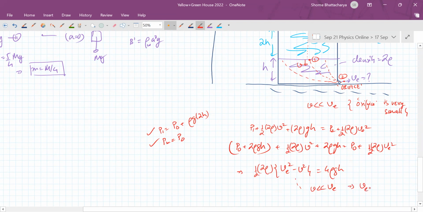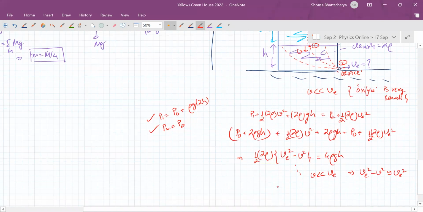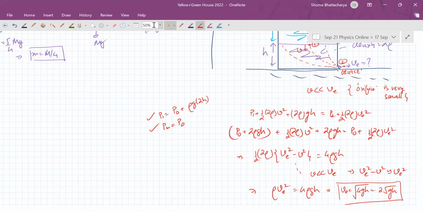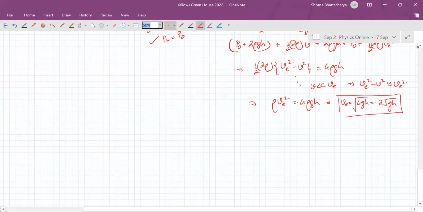So efflux velocity square minus V square is just efflux velocity square, and the equation simplifies. So in this case the efflux speed or the efflux velocity will be this much. Just go through this carefully, Tantresh. I hope the solution is clear.